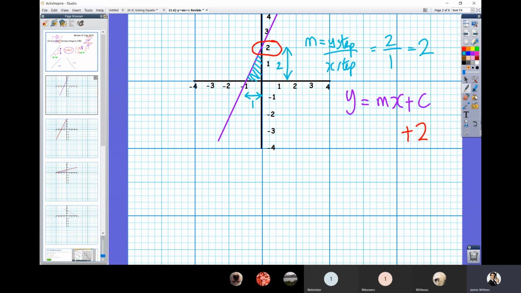So the equation of our line is going to be y equals 2x plus 2. On this occasion, the gradient was +2, going up left to right, and it crossed the y-axis at +2.